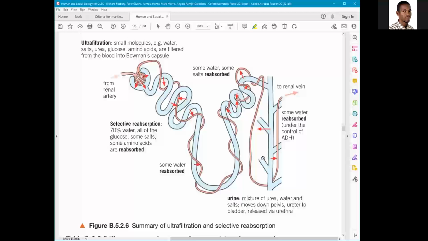So your brain would be responsible for detecting those differences in water concentration and determining how permeable to make the nephron. It determines how much water would be reabsorbed. But we'll come to that when we look at homeostasis in more detail.